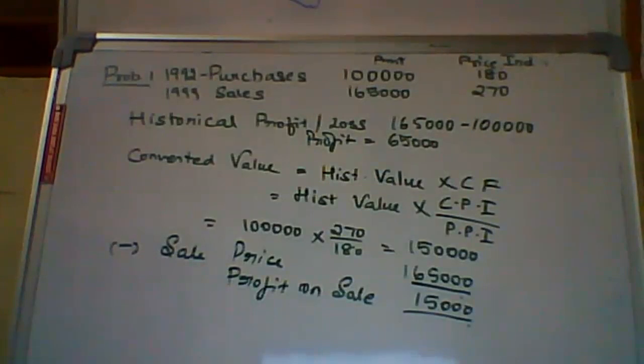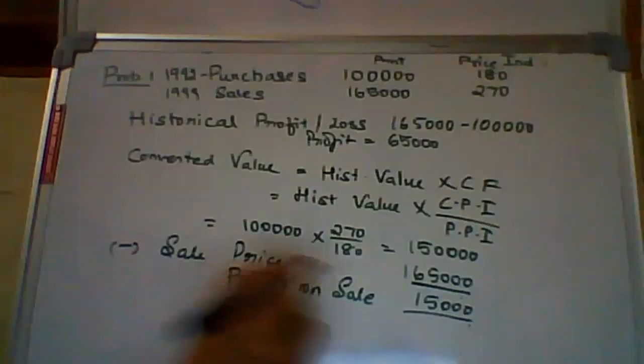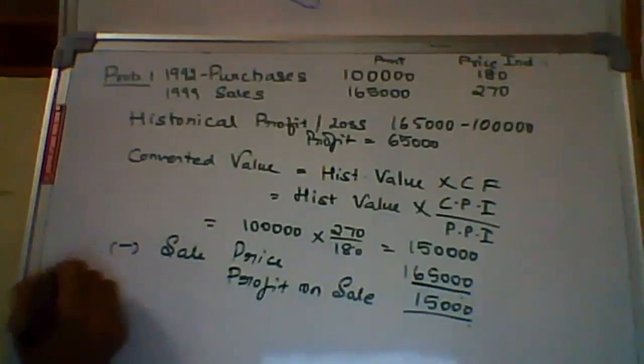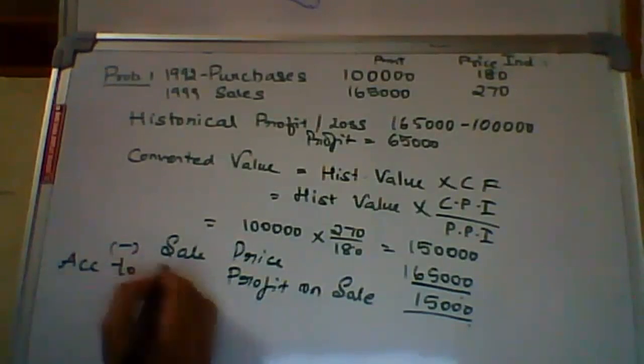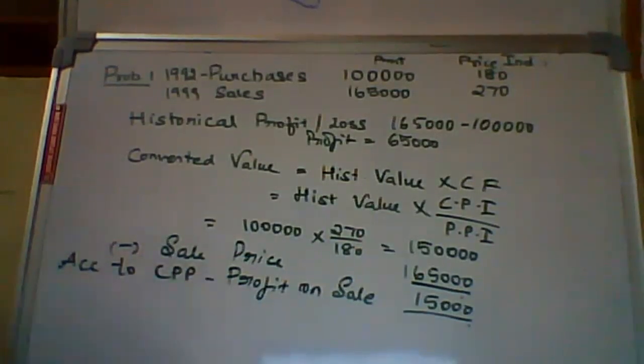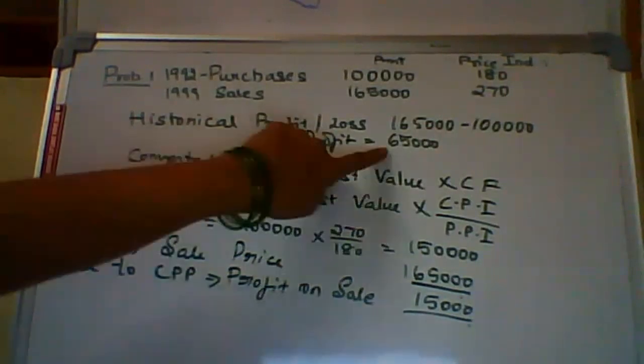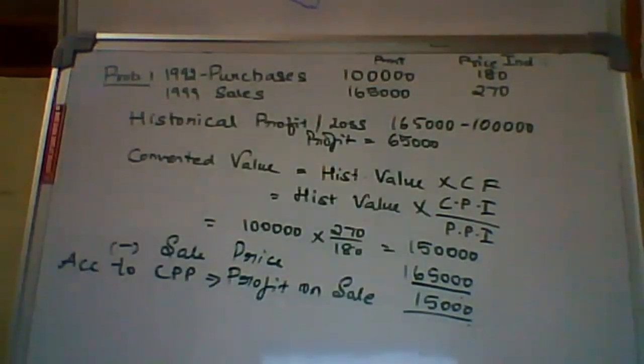So the actual profit on sale according to CPP is 15,000. But according to historical cost, what we were thinking is that the profit which is there is 65,000.